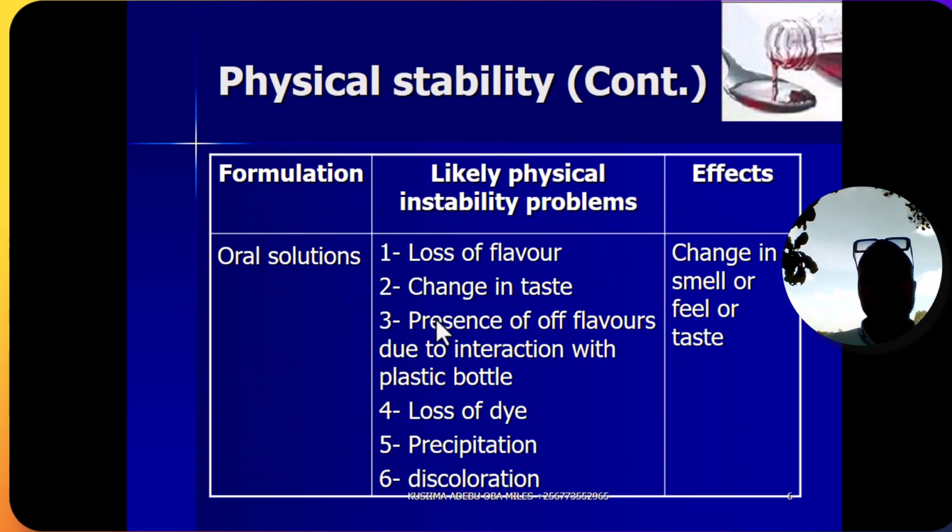Then physical stability tests, physical instabilities. Here we are going to see dosage forms and formulations, then likely physical instability problems and effects or changes that may occur once certain dosage forms lose their stability or become unstable. What happens? For example, drugs may change in smell or odor, taste may change, and other aspects, especially in oral dosage forms and oral solutions.